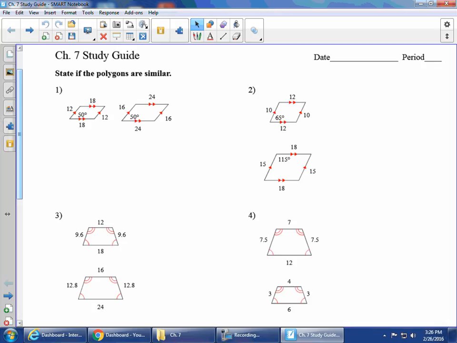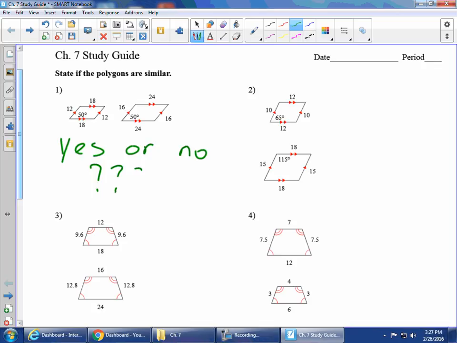So for the first few questions, it says, state if the polygons are similar. Now, the kinds of answers I'm looking for are not just going to be simply yes or no. The reason is I need to have some kind of work. The work's going to come in the form of a fraction or a proportion.